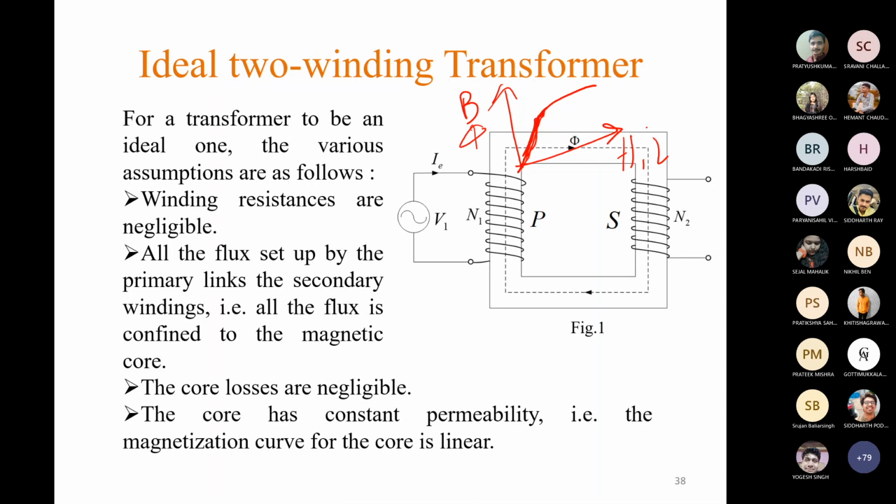But in your syllabus we will always consider that the core has constant permeability, so the magnetization curve remains linear. We will consider the first three assumptions, and we will incorporate the corrections for these assumptions only. Later on we will discuss those corrections.